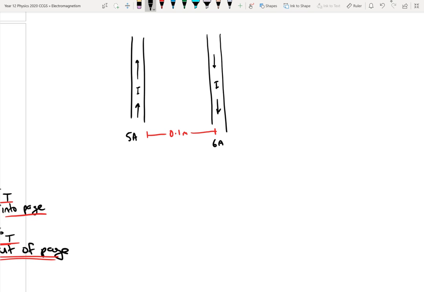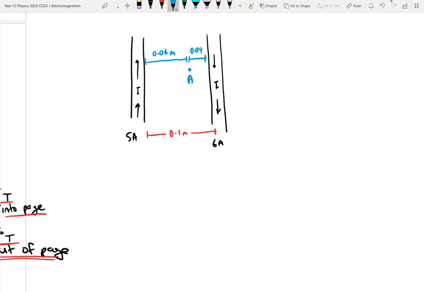Okay? And I want us to figure out what is the net magnetic field strength at point A, which is a distance of 4 centimetres from the right wire. Therefore, it's going to be 6 centimetres from the left.